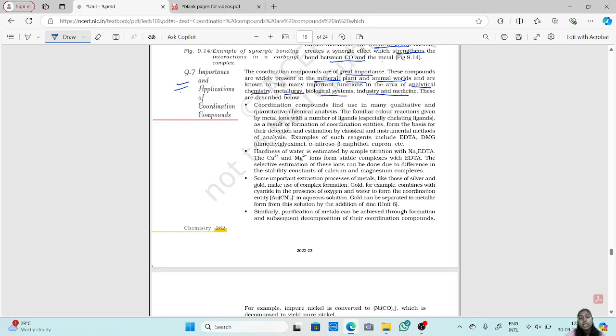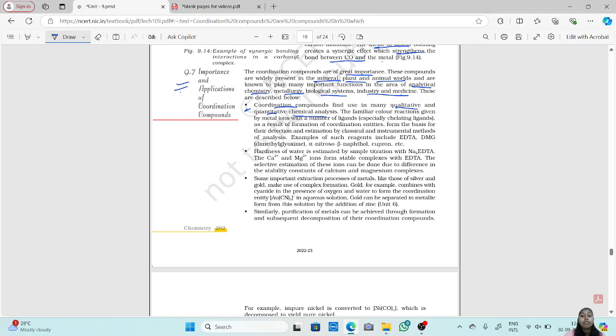First, coordination compounds find use in many qualitative and quantitative chemical analyses. The familiar color reactions given by metal ions with a number of ligands, especially chelating ligands, as a result of formation of coordination entities, form the basis for their detection and estimation by classical and instrumental methods of analysis.